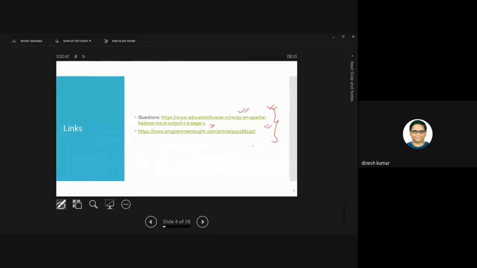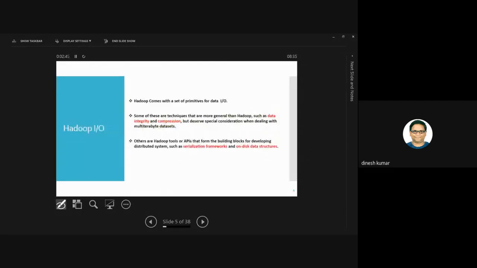So, Hadoop input output. In the Hadoop framework, Hadoop comes with a set of primitives for data input output. But some of these techniques are more general than Hadoop, such as data integrity. These things are not specific to Hadoop.